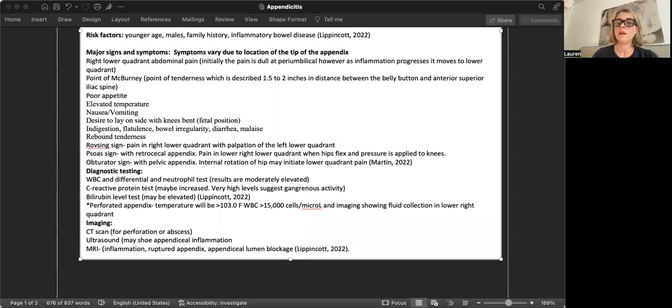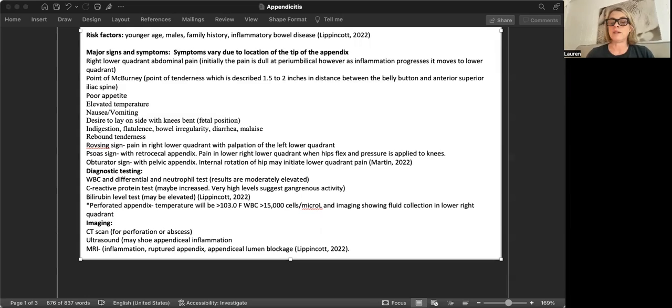I do want to finish this up by noting that a variety of inflammatory and infectious conditions in the right lower quadrant can mimic signs and symptoms of acute appendicitis. I'll name a few. Cecal diverticulitis occurs in young adults as well. It presents with signs and symptoms that can be virtually identical to those of acute appendicitis.